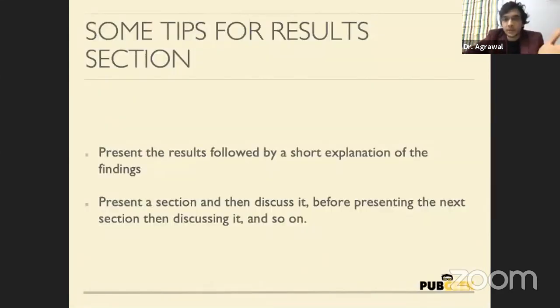So again, some tips for the results section. For example, if you've noticed an unusual correlation between two variables during analysis, like salt and hypertension, if you see that a decrease in salt intake is increasing hypertension, it is correct to point this out in the results section. However, speculating as to why this correlation exists and offering a hypothesis about what may be happening belongs in the discussion section.